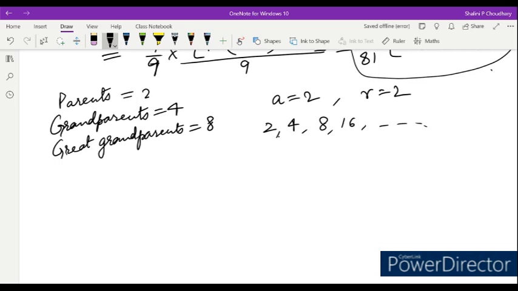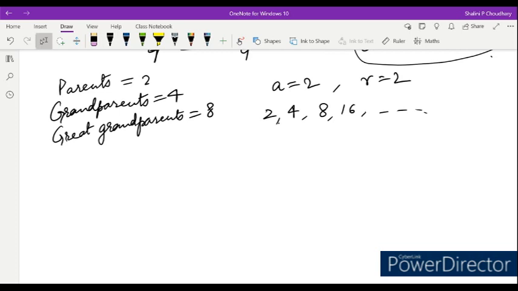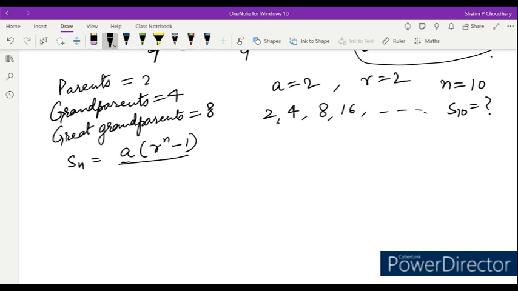Okay, so what you have to do, find the number of his ancestors during the 10 generations preceding his own. So n, for 10 generations, means 10, so you have to find out the total number. So basically we have to find S10. So Sn is equal to a into r to the power n minus 1 divided by r minus 1.